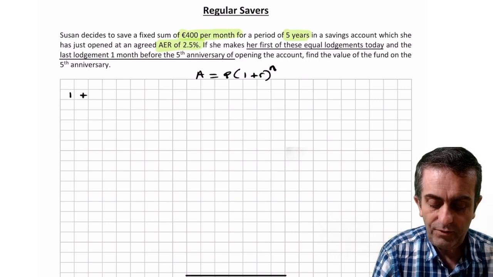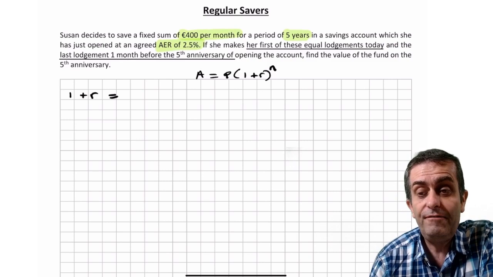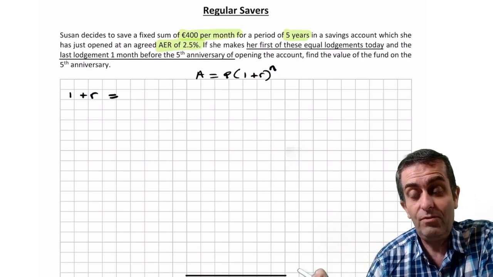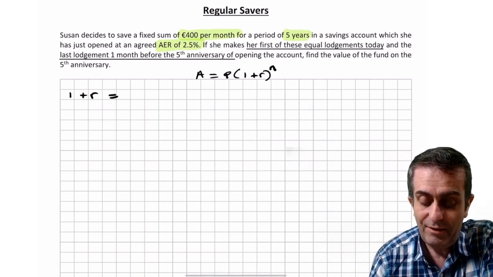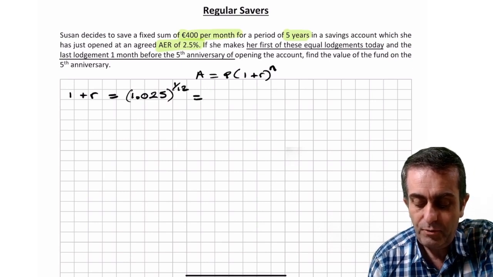So 1 plus R equals, now the interest rate is 2.5% per annum. If we divide that by 100 to get our decimalised rate, that's 0.025. And then if we add 1, we have 1.025. Now that is annualized. We need to find out the monthly, so we need to put this to the power of 1 over 12.